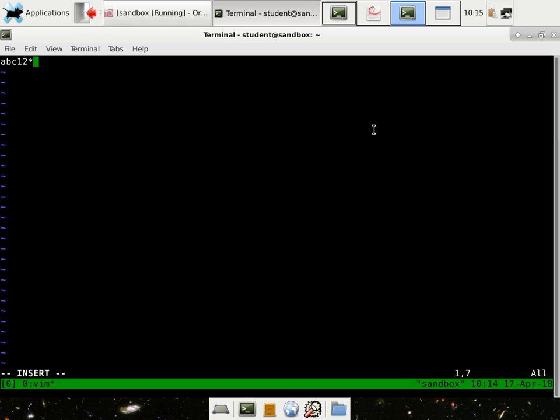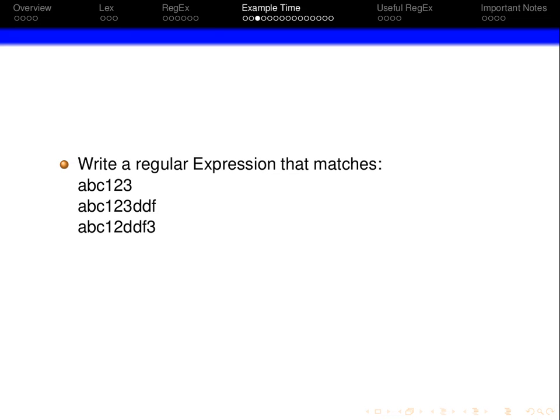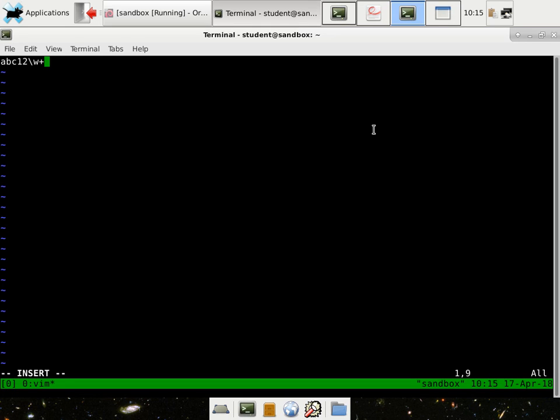Okay, that's not going to work, because that says it needs to be A, B, C, 1, and then either zero or more 2s. Oh, either. Okay, ABC 1, 2, then a word character plus. But yeah, it's plus because there's always going to be a character. So 1, 2, then it'll work. Okay, that'll work too.